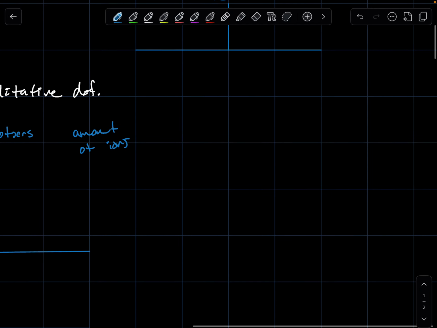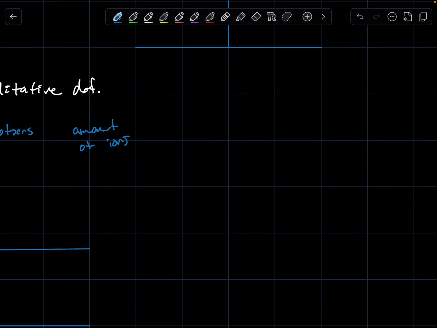Some examples of facilitated diffusion and types of channels and carriers associated with that, we have a mechanical gated, a voltage gated, horrible handwriting, and chemical gated.